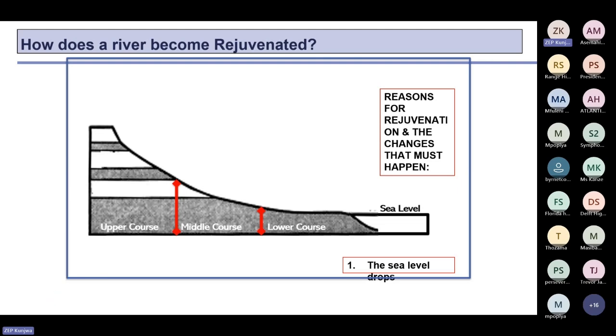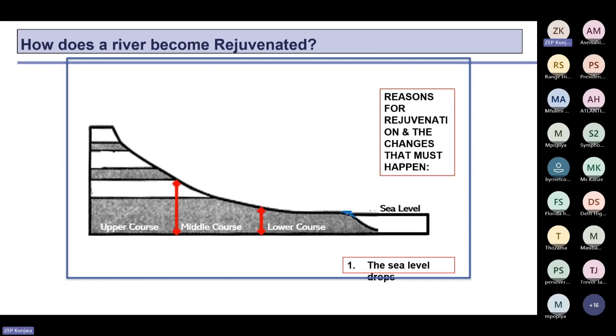Let's all look at where the river is joining the ocean. Can you see there? The river is joining the ocean, and there is your sea level. Now, if the sea level drops, can you see this landform here, where the river is joining the ocean?